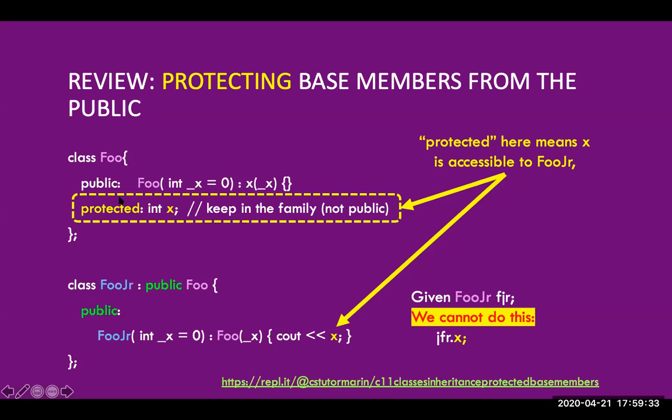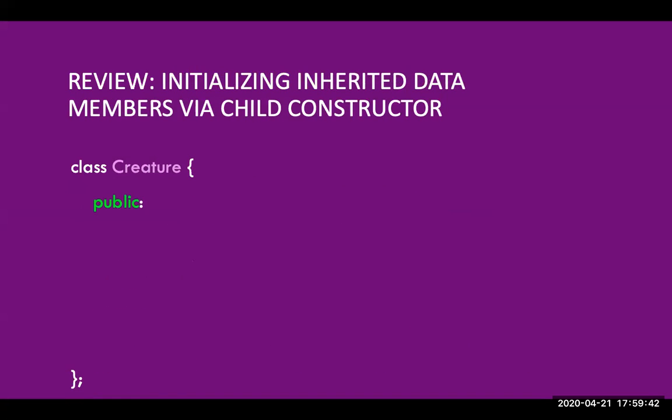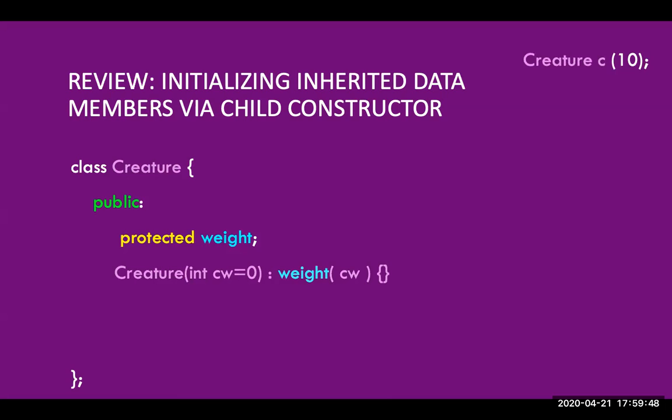Okay, so we learned a little bit about protected, right? And we won't go into all the permutations of these things because I know they can wind you up in knots, but that's the main one that gets used. So here's another example. We create a creature, so we call this base class, and it has a protected weight.